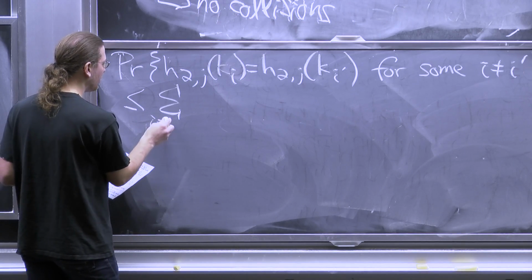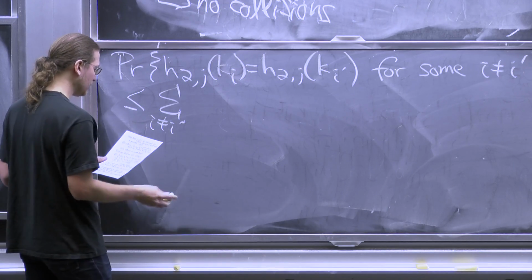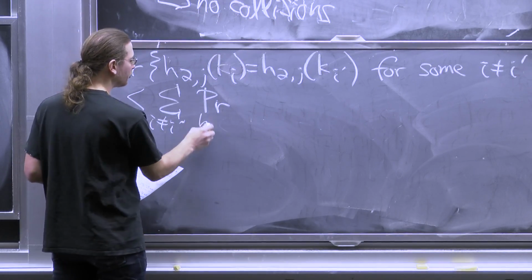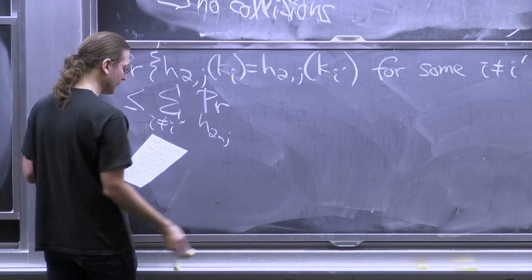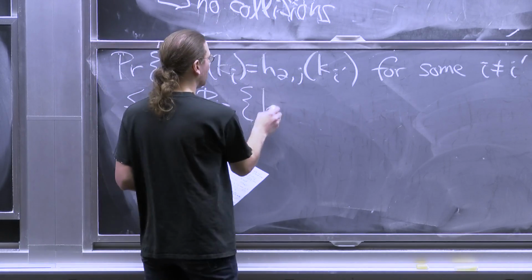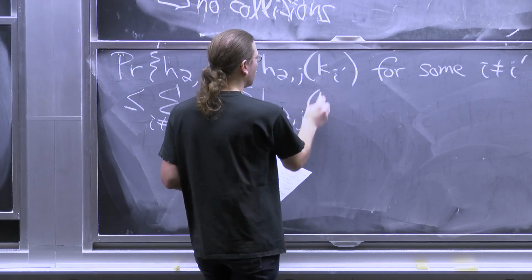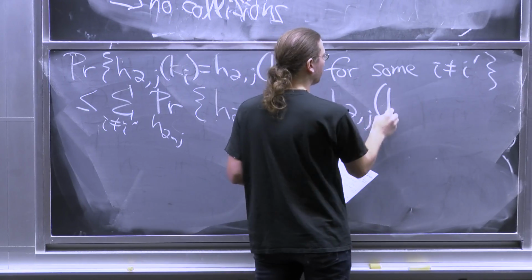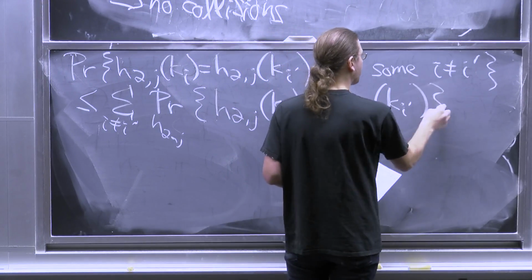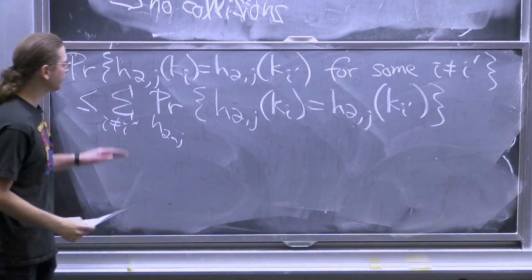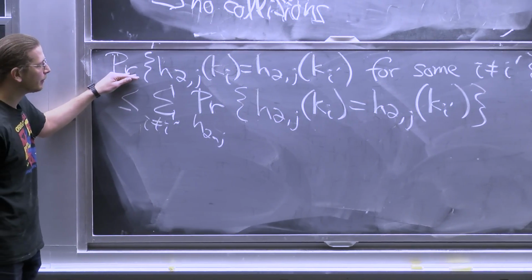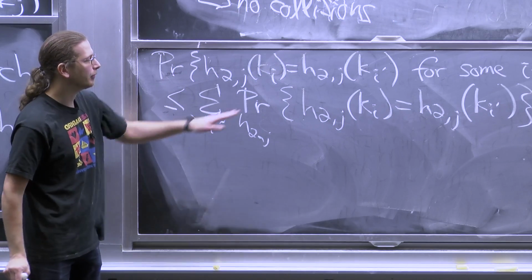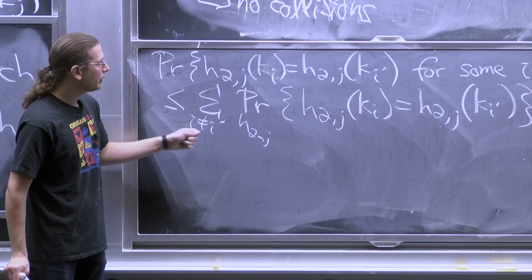So I'm going to say the sum over all i not equal to i prime of the probability, now this is over our choice of the hash function h2j, of h2j of ki equaling h2j of ki prime. So union bound says, of course, the probability of any of them happening. We don't know about interdependence or whatnot, but certainly at most the sum of each of these possible events.